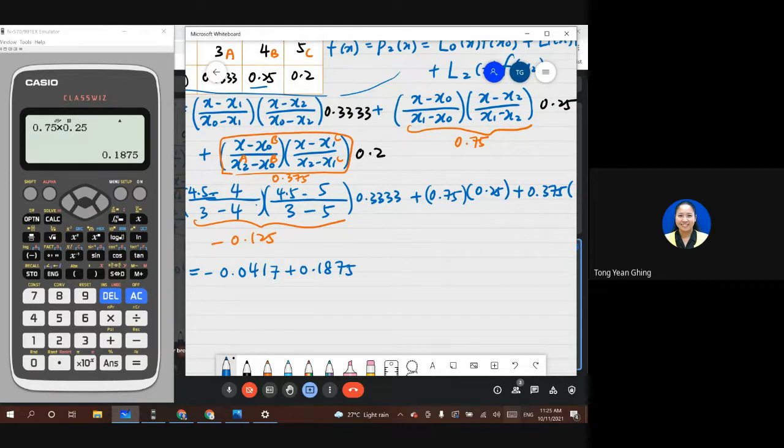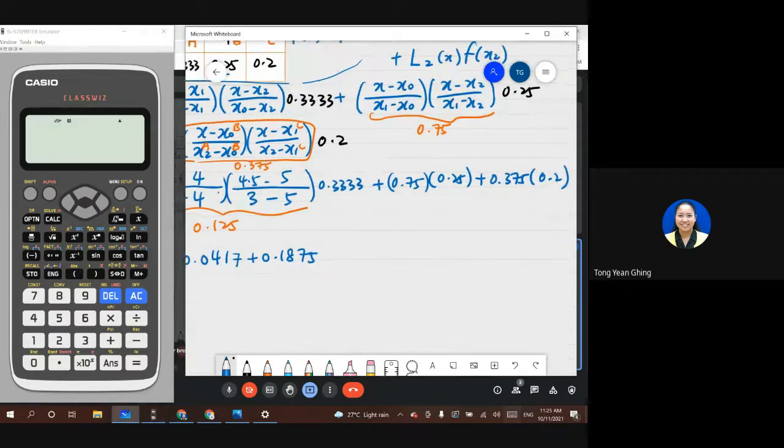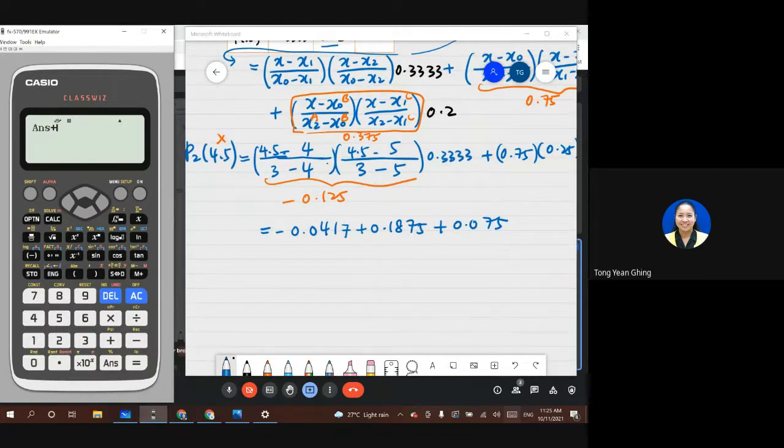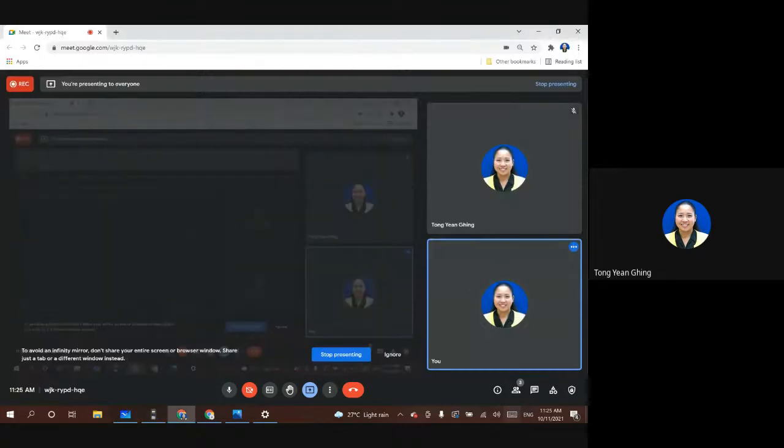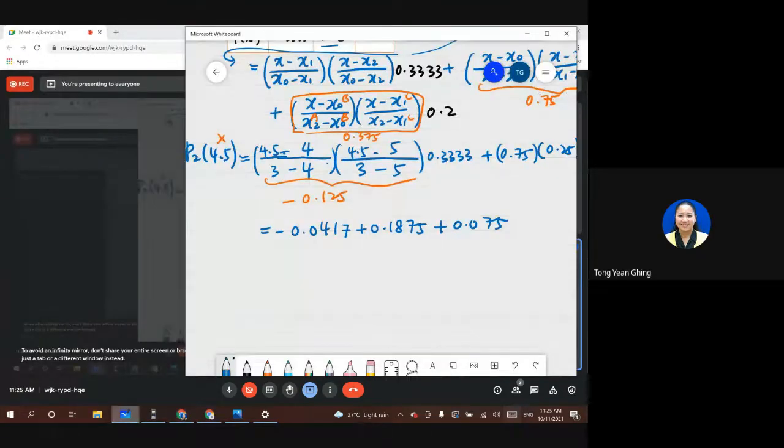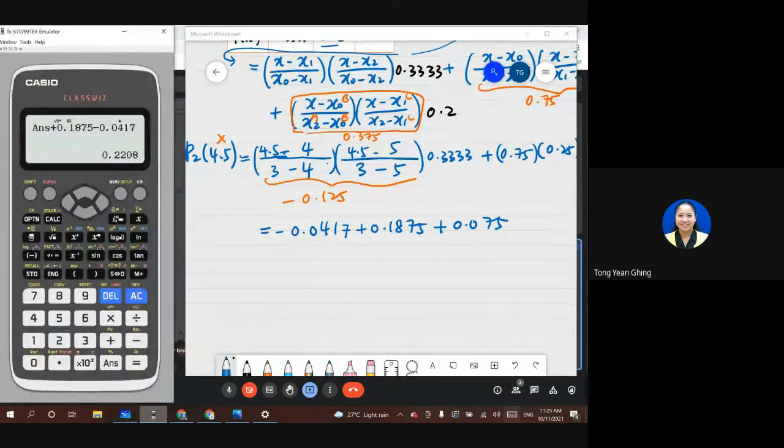And this one, 0.75 times 0.25, we get plus 0.1875. And then this one 0.375 times 0.2, so we get plus 0.075. And then adding together, 0.1875 minus 0.0417, we get 0.2208.